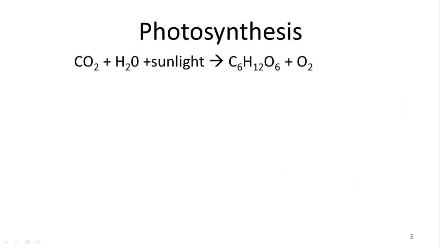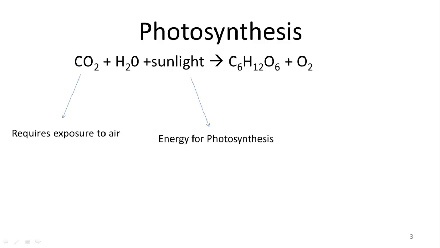Photosynthesis, as you remember, is a combination of carbon dioxide and water and energy from sunlight to make sugars and a byproduct of oxygen. To get carbon dioxide and to trap energy from the sun, this requires exposure to the air, because that's where the carbon dioxide is coming from.